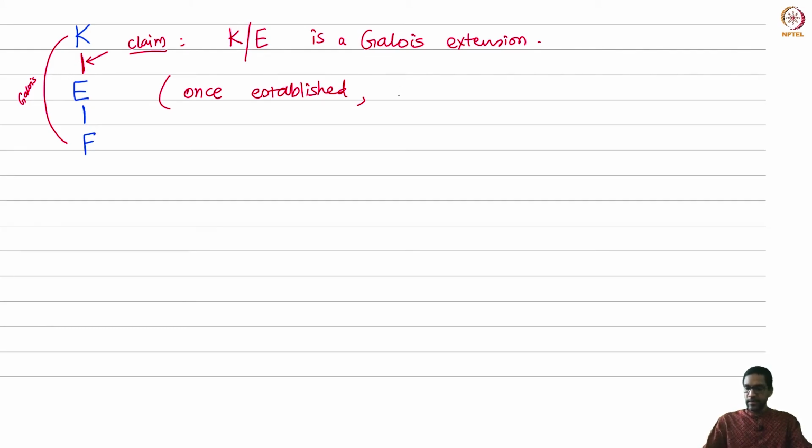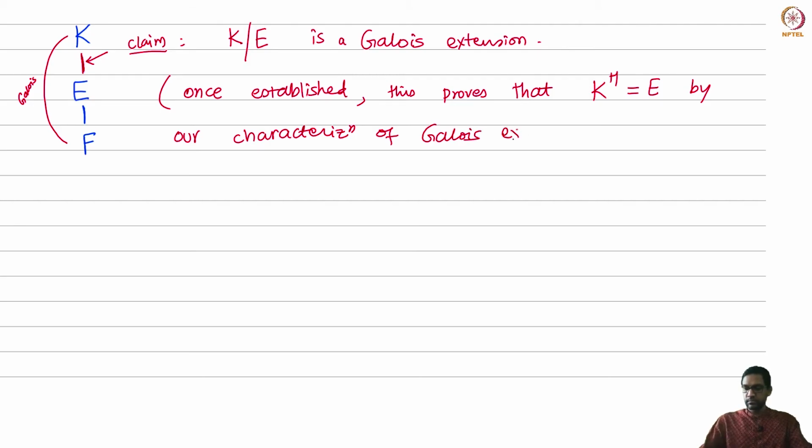Recall one of our equivalent characterizations of Galois extensions: if K over something is Galois, then it is the fixed field of Aut. So once established, this proves that K^H is exactly E by our characterization of Galois extensions, where H is exactly Aut_K(E).